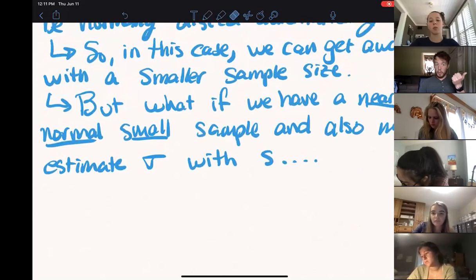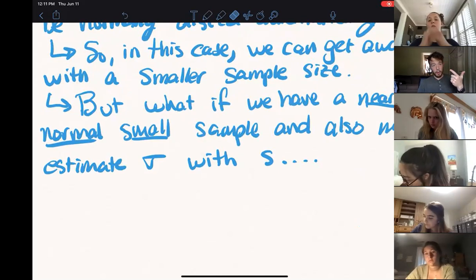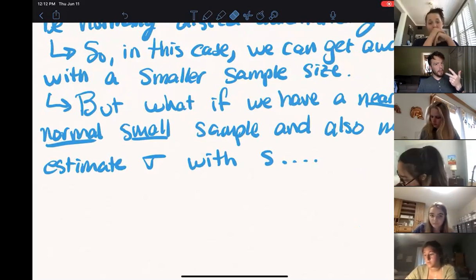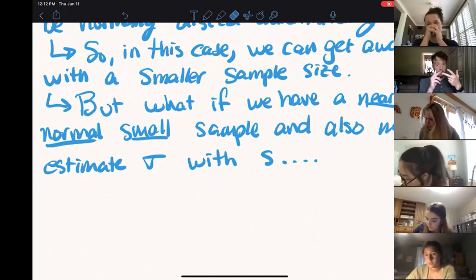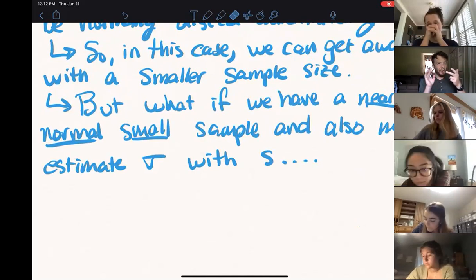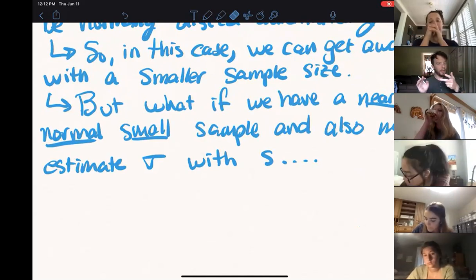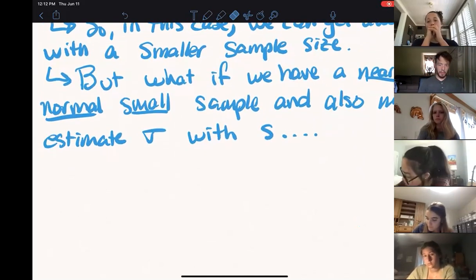We have a small sample. We don't need the central limit theorem because our data is already normal, but we still don't know sigma. And remember, we needed a big enough data set to be able to say, oh, just use the sample standard deviation as an approximation of sigma. So we still can't really do inference in this case, but I'm going to introduce a new tool that allows us to do inference in this case, even though all of our assumptions aren't met.